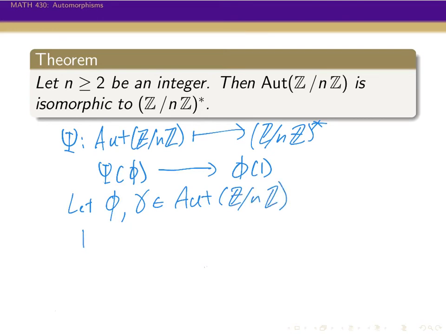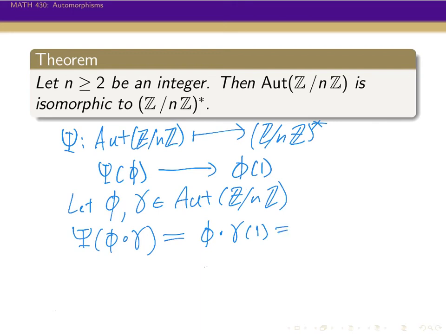Okay, and so then if we do psi of phi and gamma composed together, well, this is going to be phi of gamma of 1.